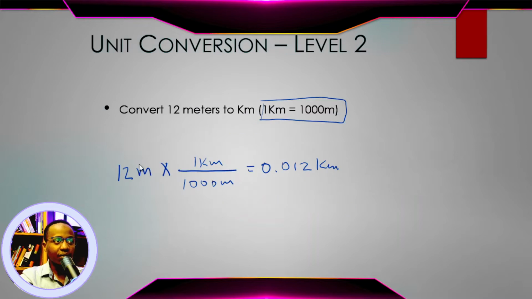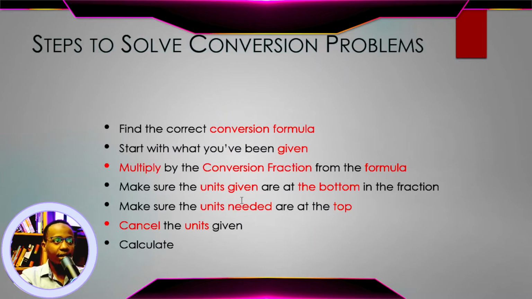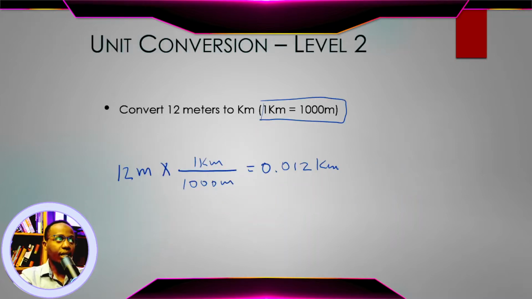The meters, for example, are at the bottom. And then the units needed are at the top, and then you cancel the units and then you calculate. So here we canceled out the meters and then we calculate.